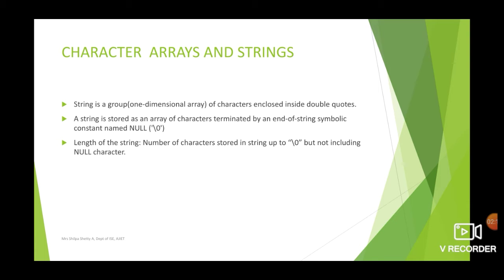An array is nothing but a sequence of elements of the same type, stored in consecutive memory locations and accessed by the same name. The topic here is given as character arrays and strings, but both character array and string mean the same. A string is a character array because a collection of characters is a string.